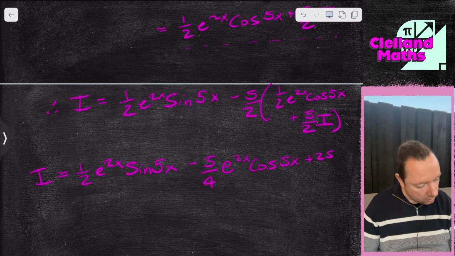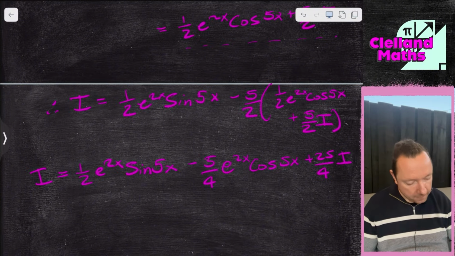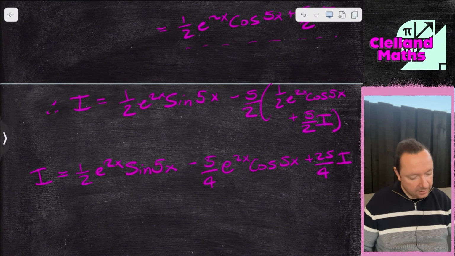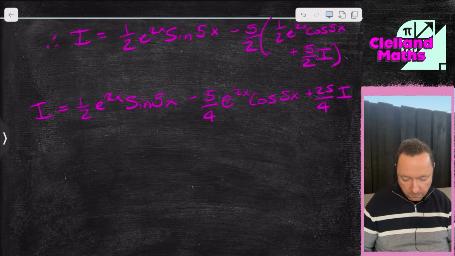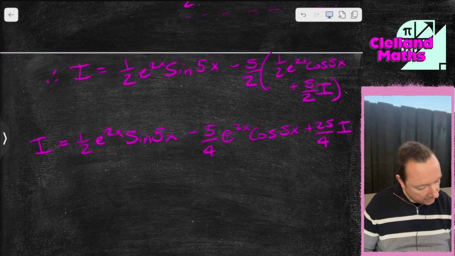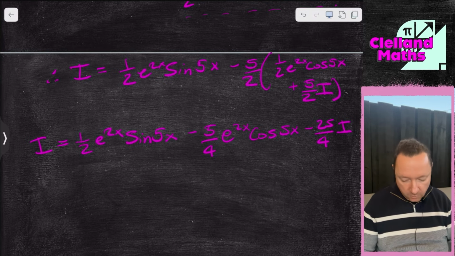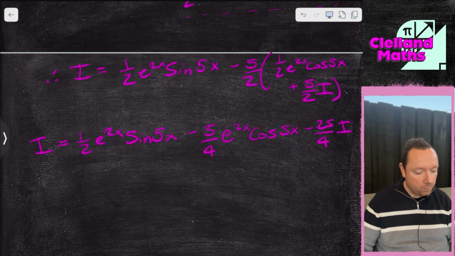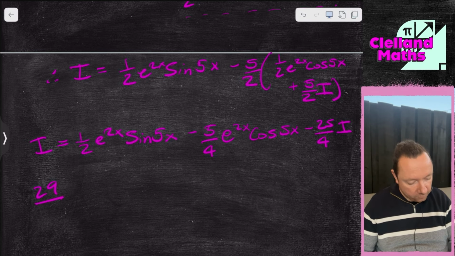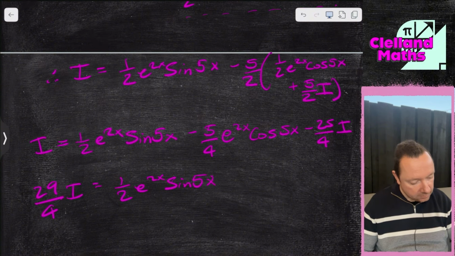25/4 of I. Move the I's all over the same side then. We've got I plus, that should be a minus 25 over 4, sorry. So that becomes 25 over 4 plus 4 over 4 is 29 over 4 I equals a half e to the 2x sine 5x minus 5/4 e to the 2x cos 5x.